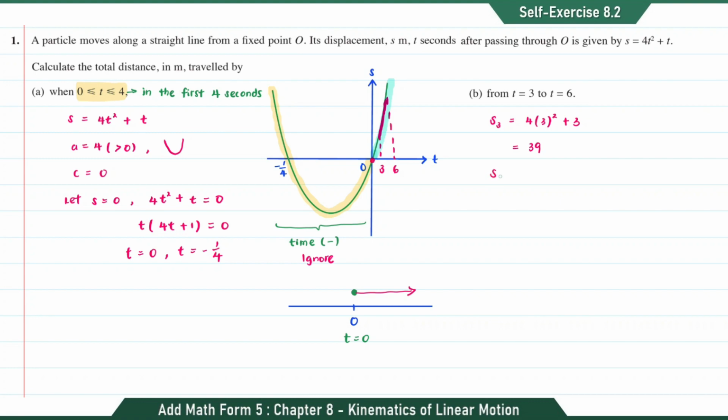Next, we're going to find the displacement in the first 6 seconds. So this will be 4 times 6 squared plus 6, which is equal to 150. So to find the total distance between 3 and 6 seconds, it will be s6 minus s3. So 150 minus 39, which is equal to 111.